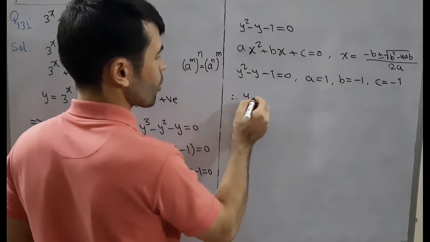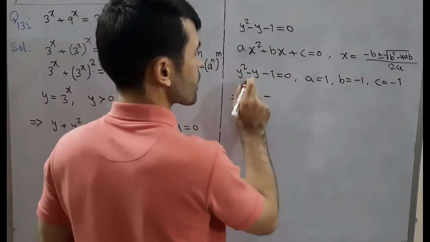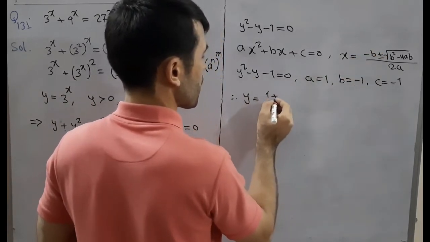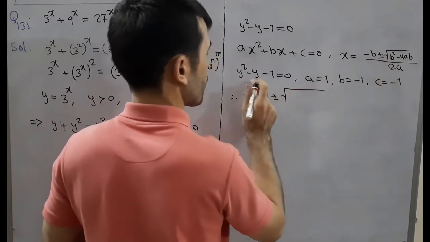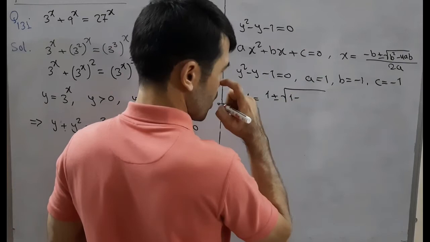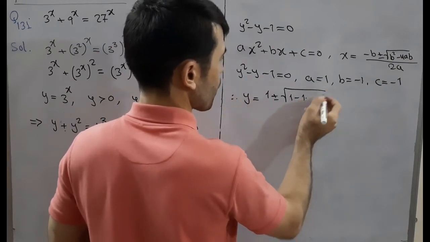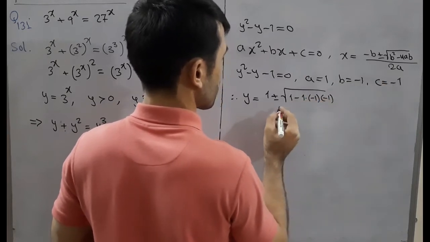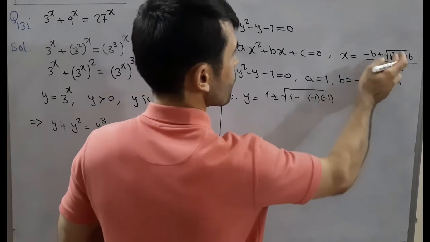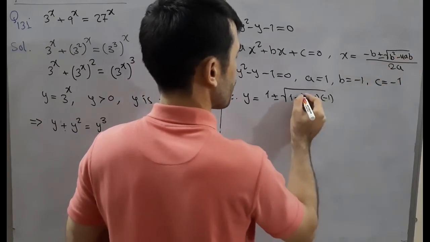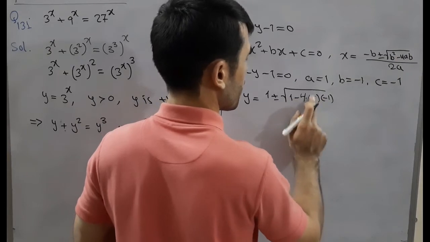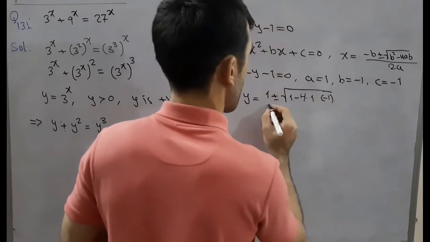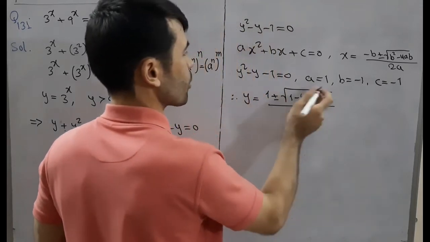Therefore y is equal to minus (minus 1) plus minus square root of (minus 1) square minus 4 multiplied by 1 multiplied by minus 1, over 2 multiplied by 1.